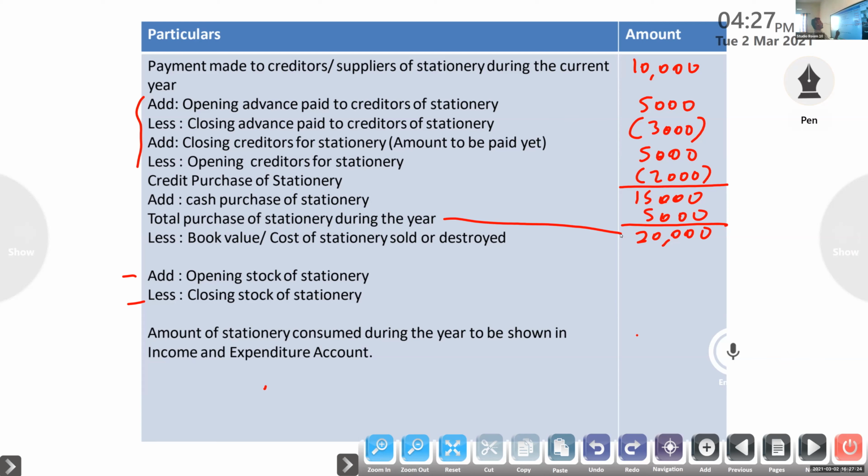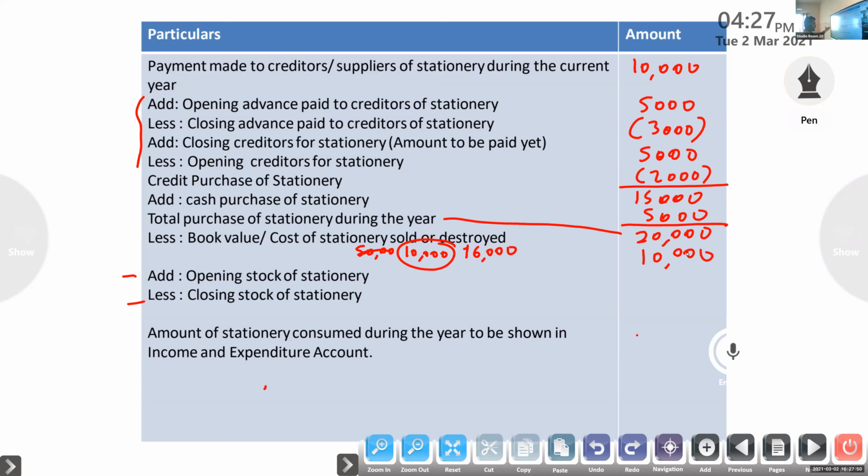Suppose we sold the stationery with book value 10,000, sold for rupees 16,000. You have to take only the book value. That is in less bracket.